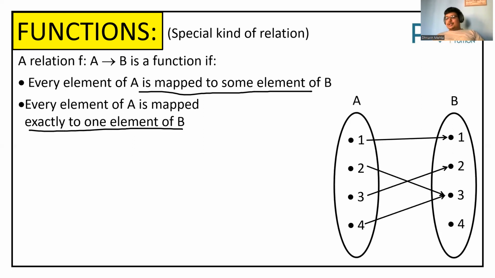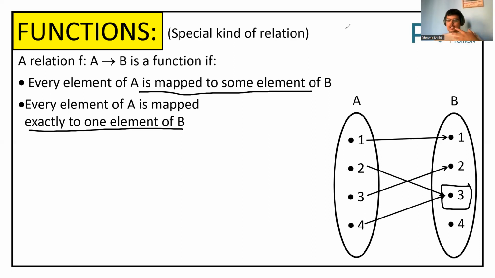For example, this. Do you realize this is a function because from set A all the elements are mapped, and all the elements are mapped to exactly one element. Now many students get confused and tell me that, sir, this 3 is actually mapped to two elements, like there are two arrows from 2 and 4 which are coming on 3.